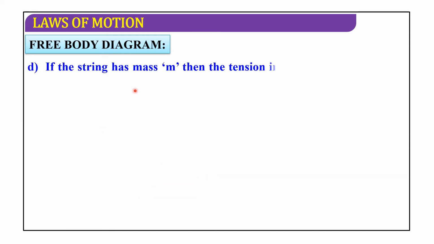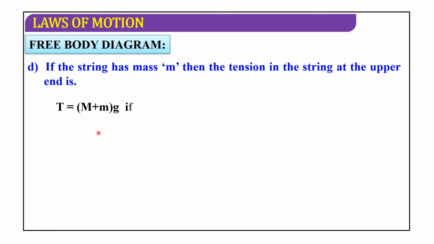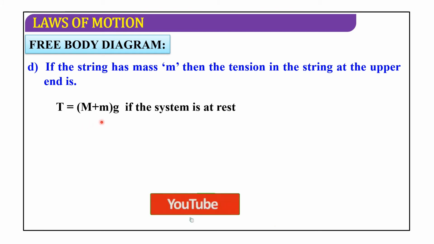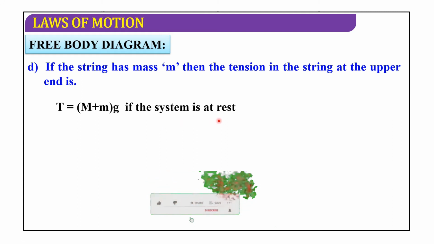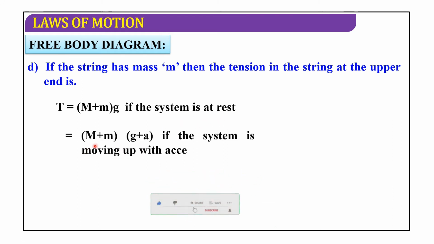If the string has mass m, then the tension in the string at the upper end is T equals (M plus m) into g, if the system is at rest. So, if the system is moving upwards with acceleration A, then the tension T in the string is (M plus m) of (g plus A).